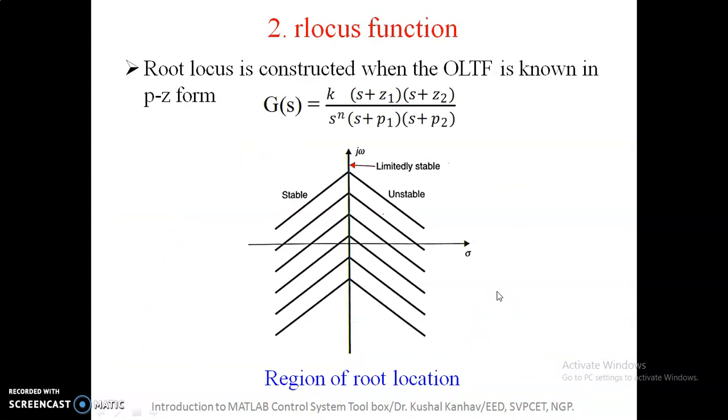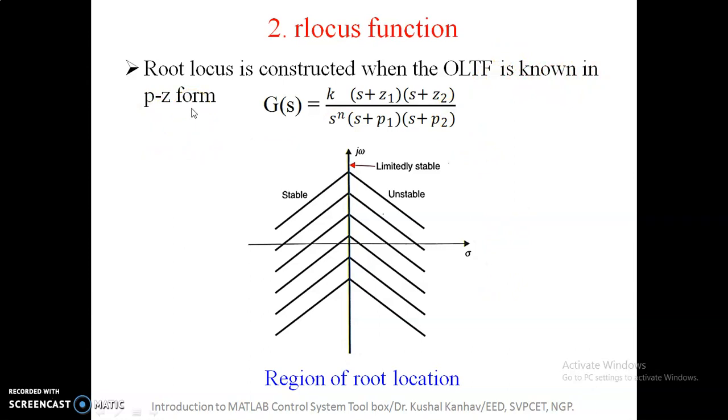Now this is our second function, that is the RLOCUS function. RLOCUS stands for root locus. Root locus is a time domain analysis for analyzing the control system. Root locus is constructed when the open loop transfer function is known in pole zero form. This is very important.